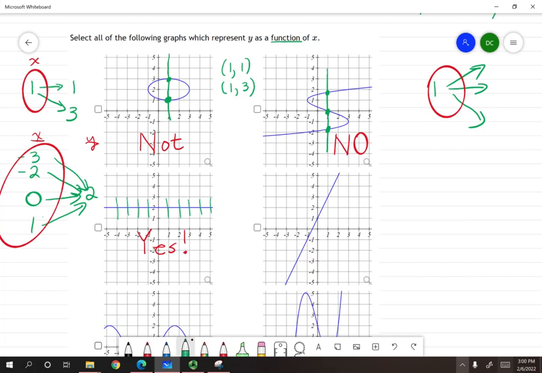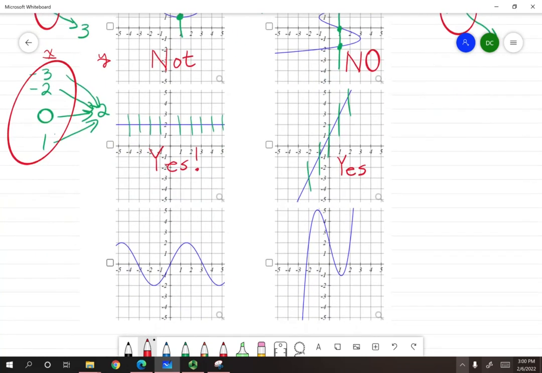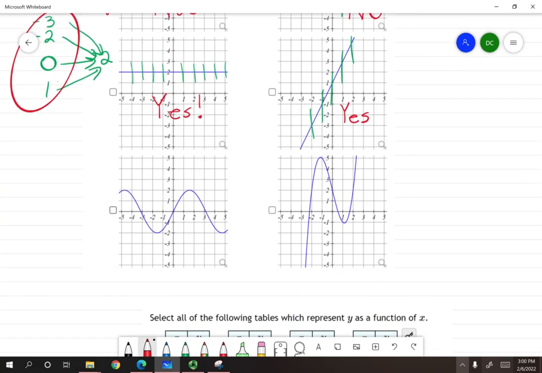All right, in this case, look at that. I can build vertical lines all day long, and you know what? They will always just go through one point. So this also is a function. Let's look at this guy.